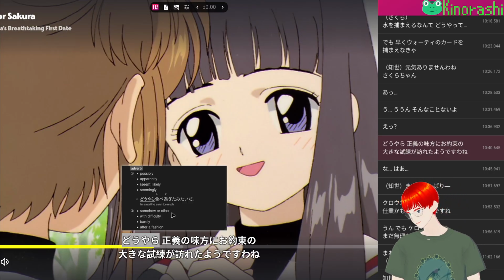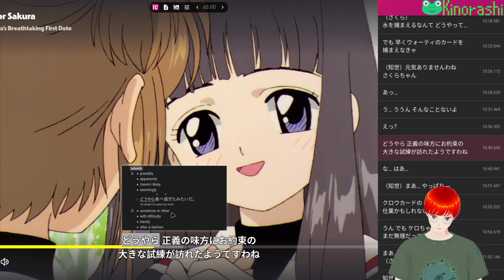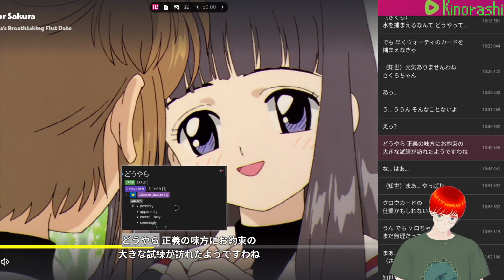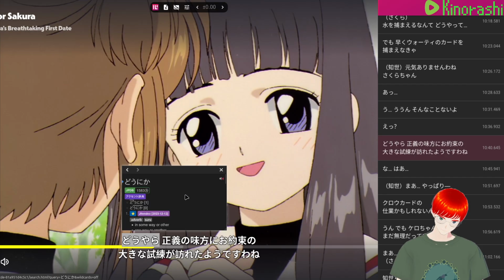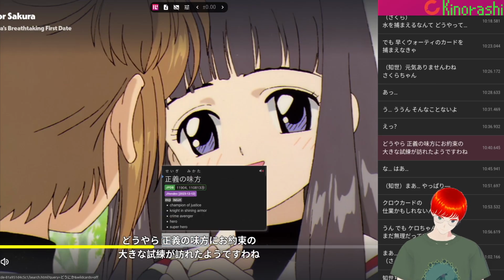Oh, that's like that doka structure. Somehow or other. Yeah. Dou ni ka, in some way or another, in one way or another. So, doyara.